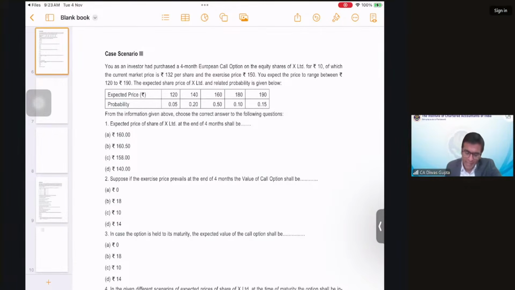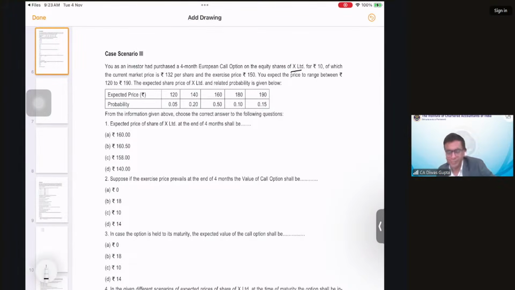You, as an investor, had purchased a 4-month European call option on the equity shares of X Limited. So we have purchased a 4-month European call option of rupees 10, of which the current market price is 132 per share and the exercise price is 150.